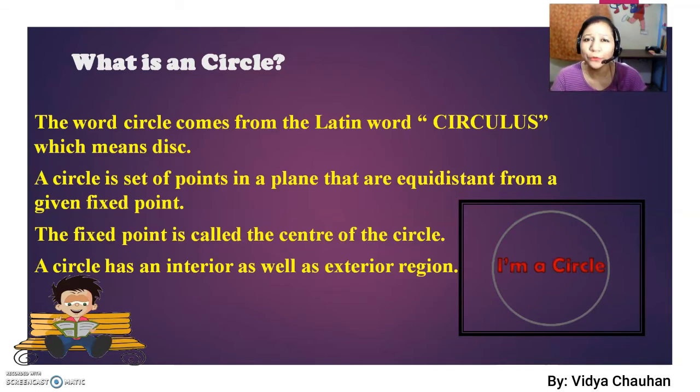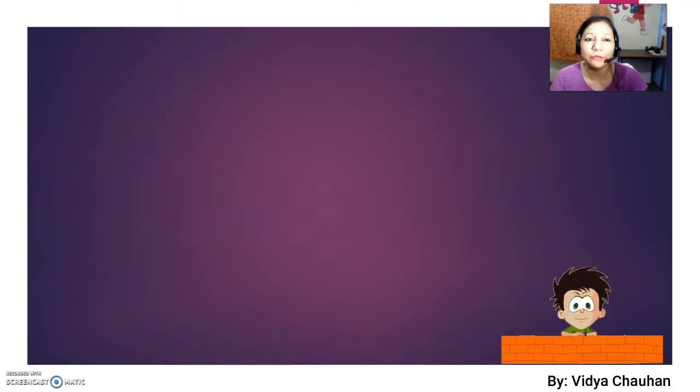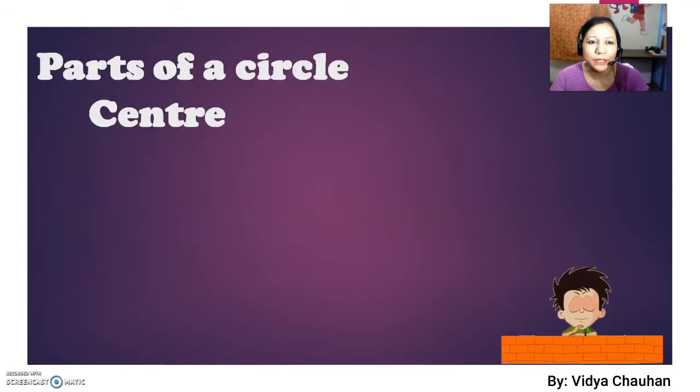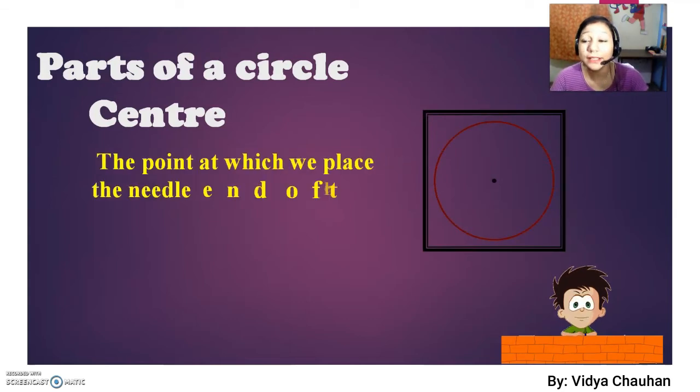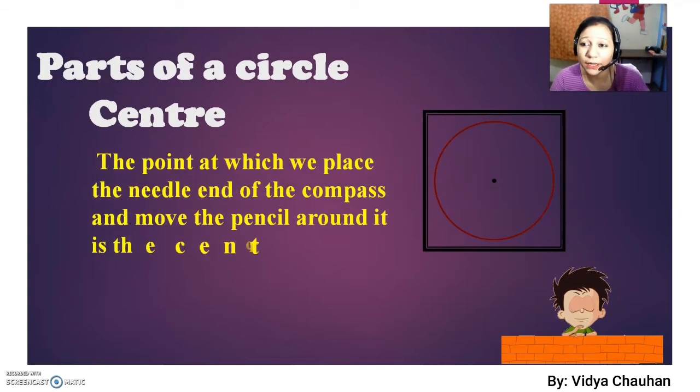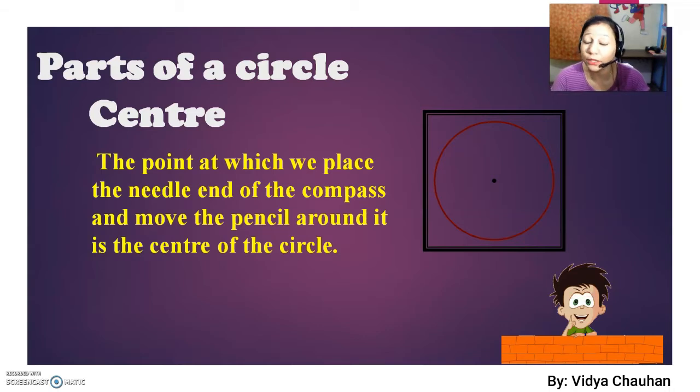Moving forward, next we will study the different parts of a circle. Very first is our center. A circle cannot be made without a center. The point at which we place the needle end of a compass and move the pencil around it is called the center of the circle.